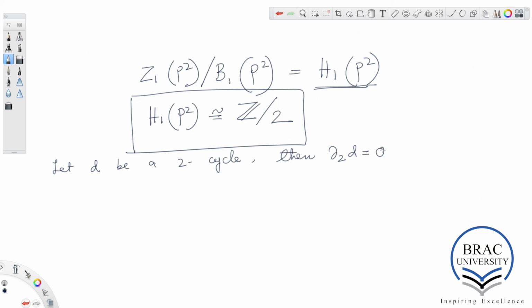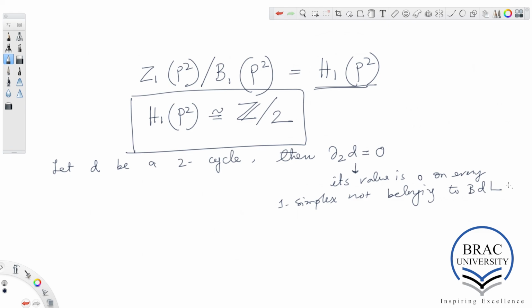So the value of del 2D is 0 on every one simplex not belonging to the boundary of L.